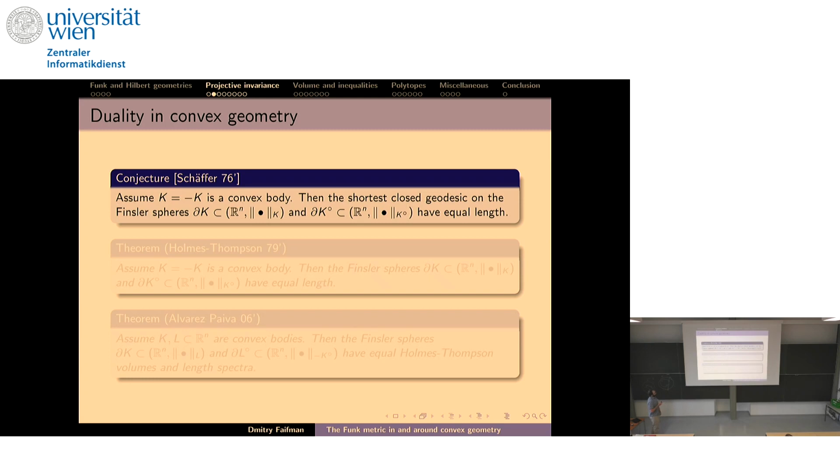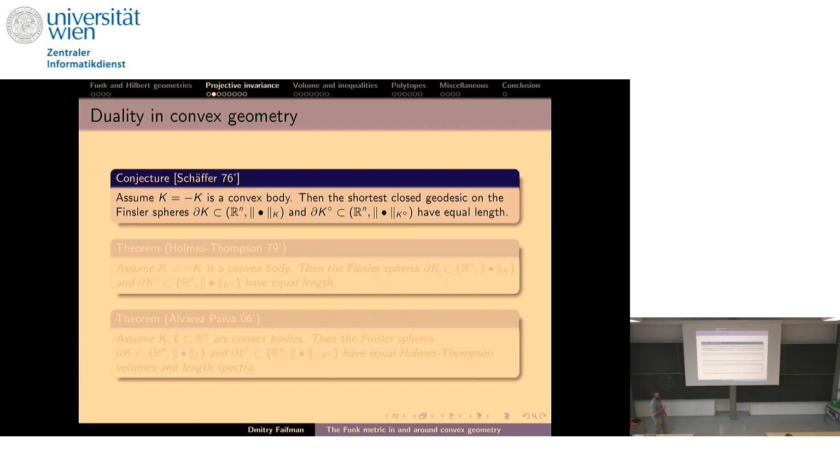And he conjectured that if you consider the boundary of K in the norm space where K itself is the unit ball, that's a Finsler manifold that's affinely attached to K, affine invariantly.